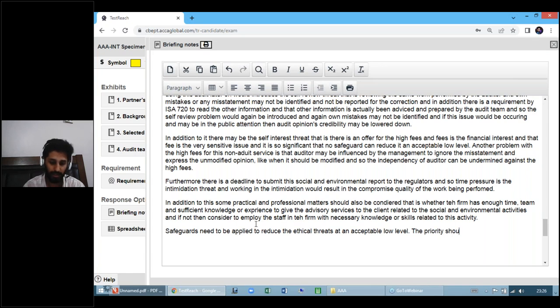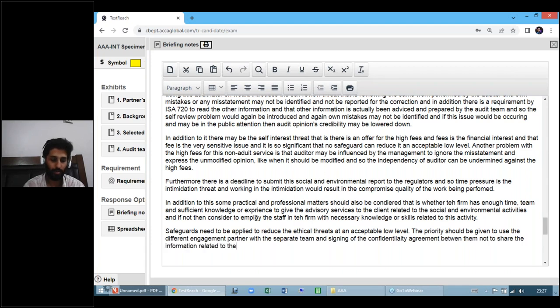The priority should be given to use a different engagement partner with a separate team, and signing of the confidentiality agreement between them, not to share the information related to these matters, right?